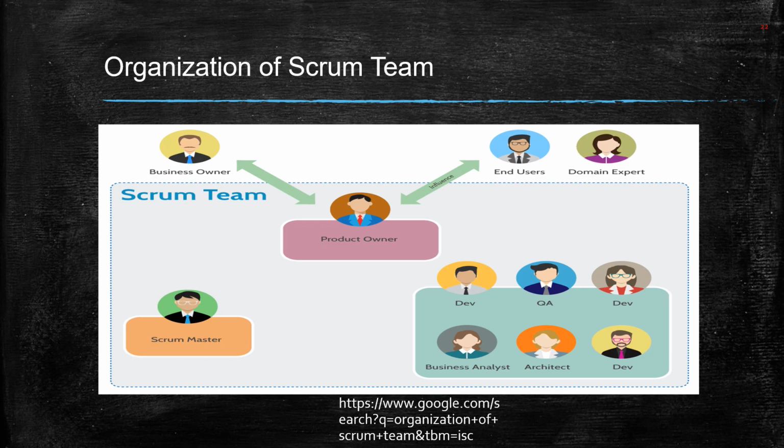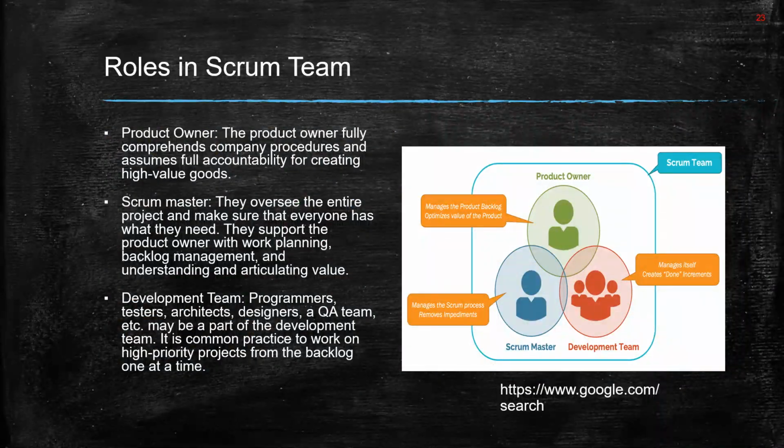And moving to the next, what are the roles in the Scrum team? There are three main roles in the Scrum team: product owner, Scrum Master, and a development team. Firstly, the product owner, who takes all the crucial decisions.